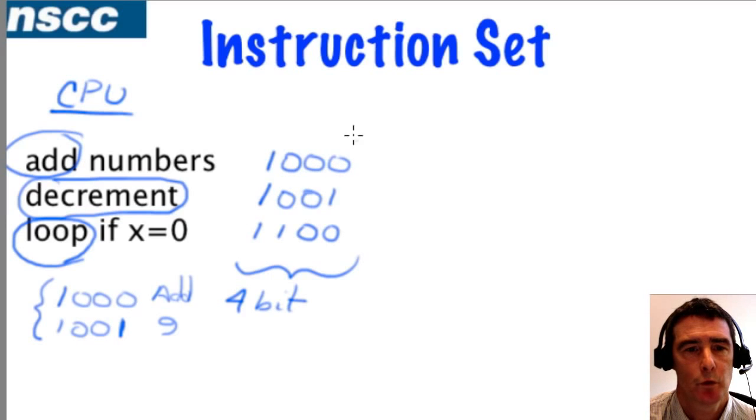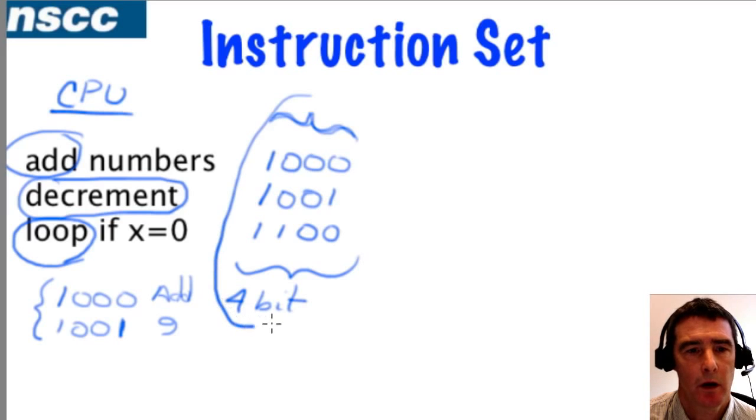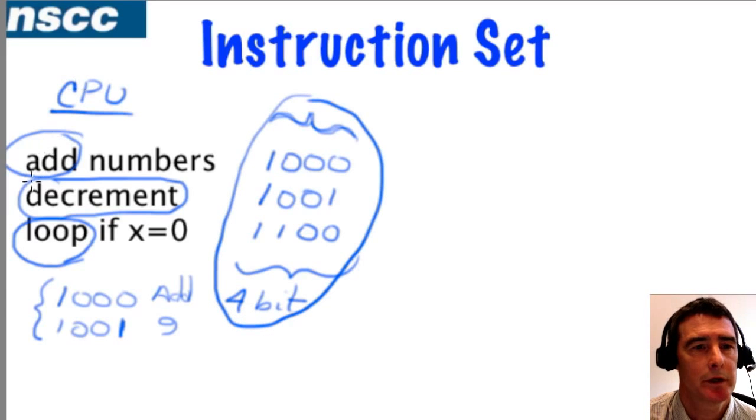This is the word length, which is the size of the chunk a CPU naturally processes bits in. So we could call all the instructions that the CPU can understand the 4-bit instruction set, if most of the instructions were 4 bits long.